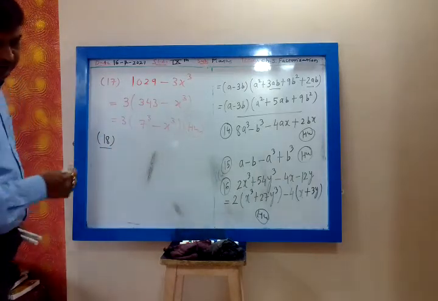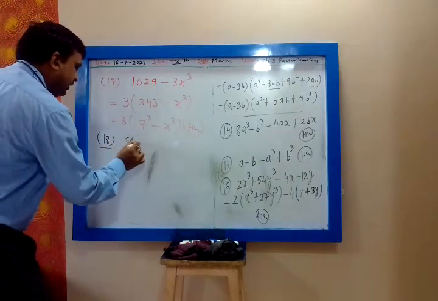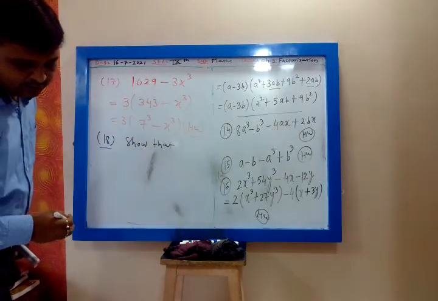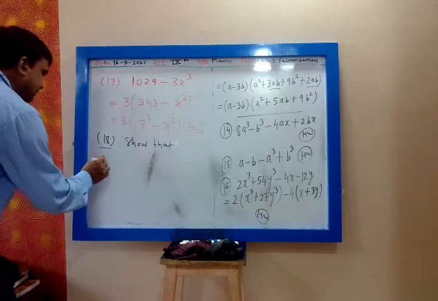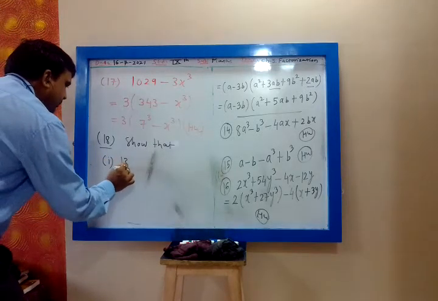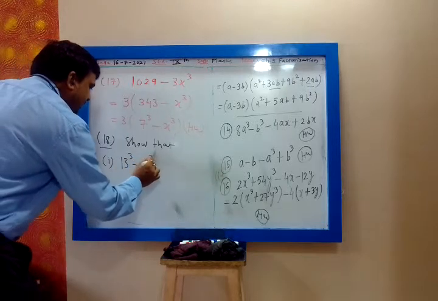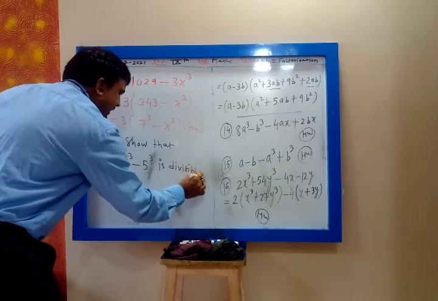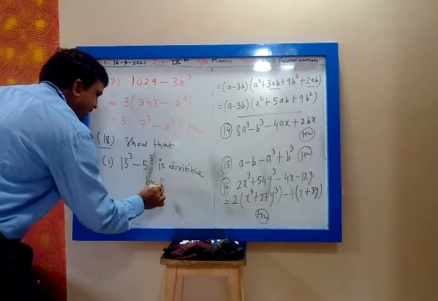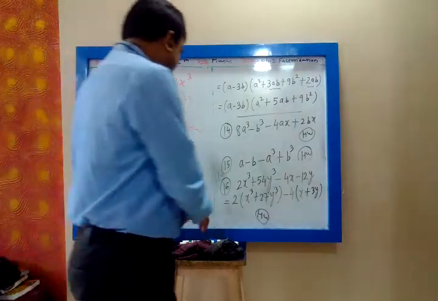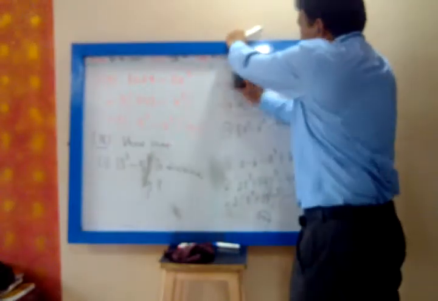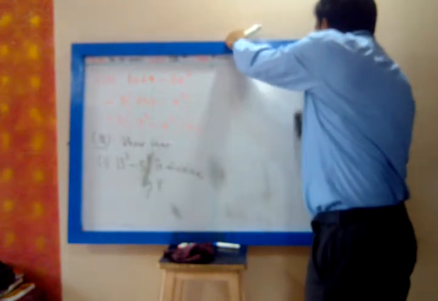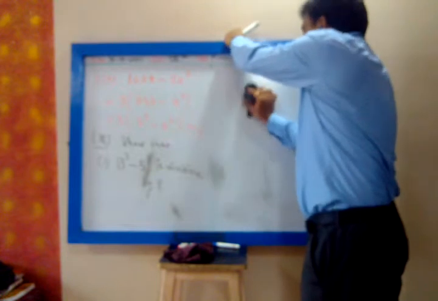Then 18: show that 13 cube minus 5 cube is divisible by 8. See what students do in the examination, which is wrong.